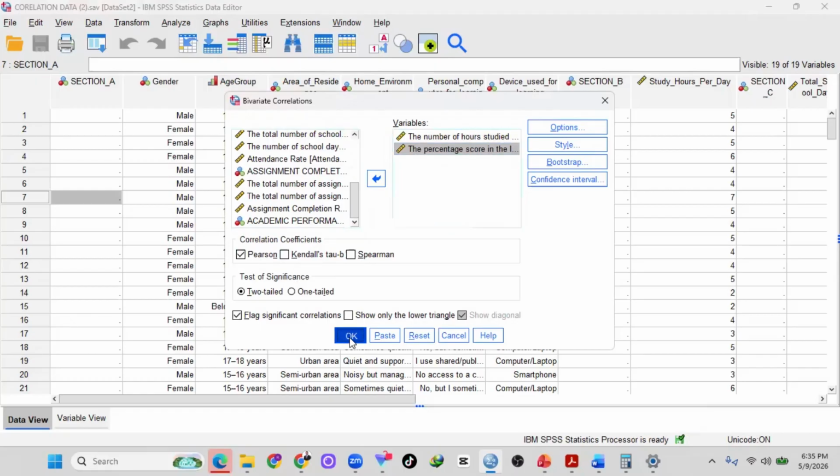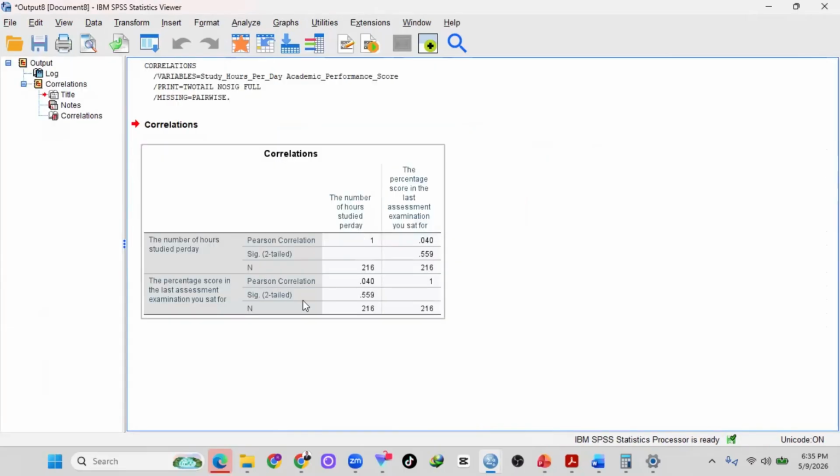So we say okay. Now when we say okay, you're going to see this table, which has the number of hours and the percentage. So these are the two variables that we are running. These variables are on this side, and they're also up here.